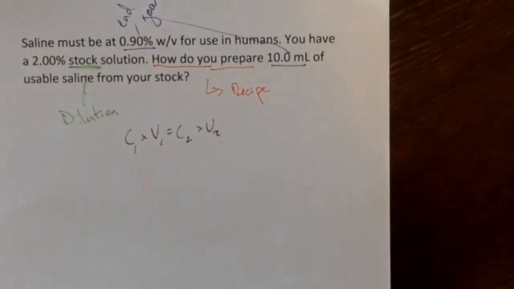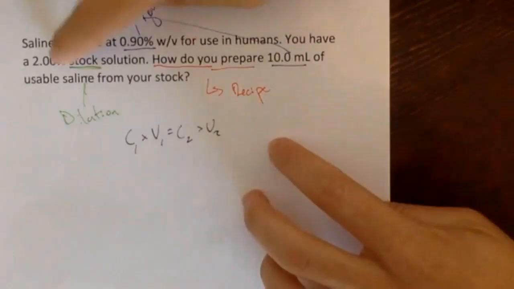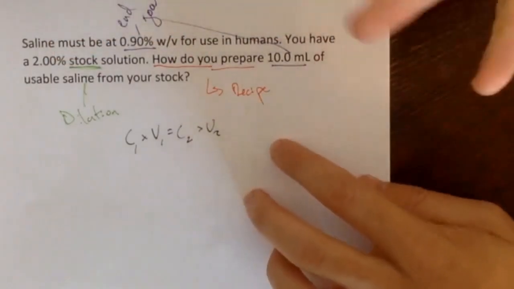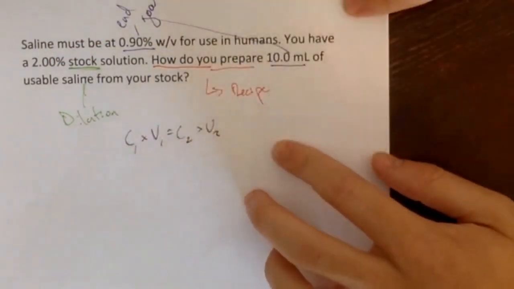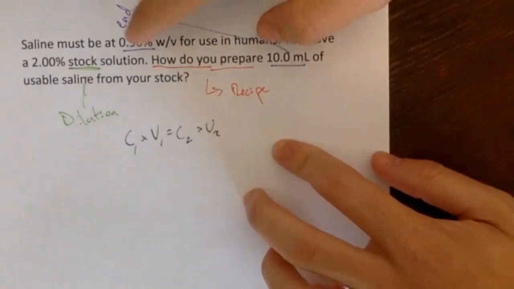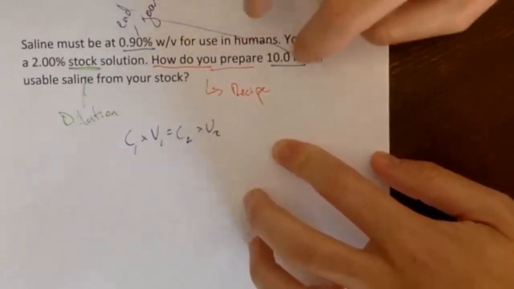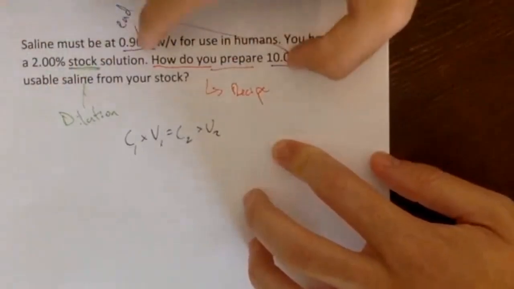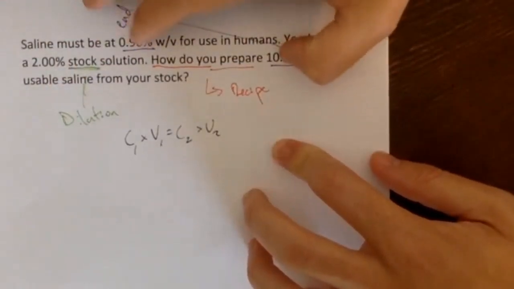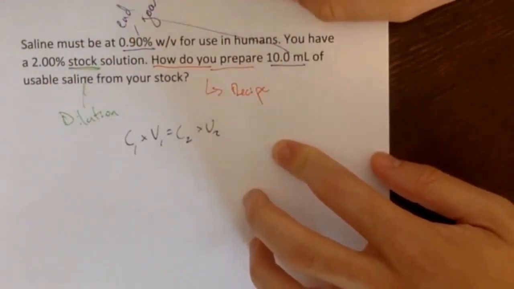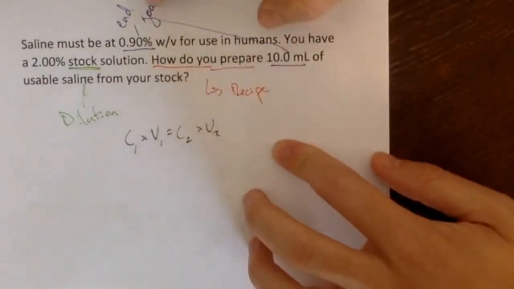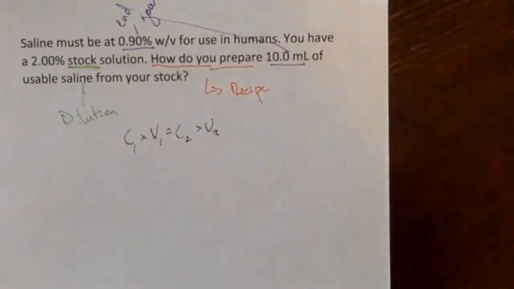And so we can go through the process of assigning those. One of the things that we want to check is, are our concentration units the same? That's good. With the dilution equation, we can just plug them right in. The 0.9% is the use in humans, 10 milliliters of usable saline. So those two are paired together. That is a single solution, 1 or 2. Because it's the goal, normally we would make that 2.